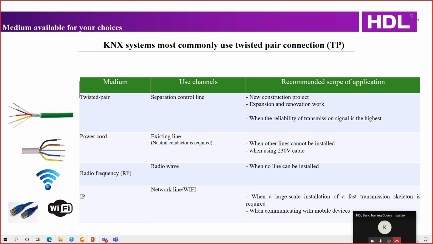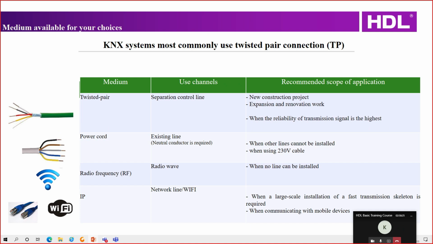And this is the recommended scope of application. When you have a new construction project, you can use twisted pair. Or when you use 230 volts cable, you can use power line.